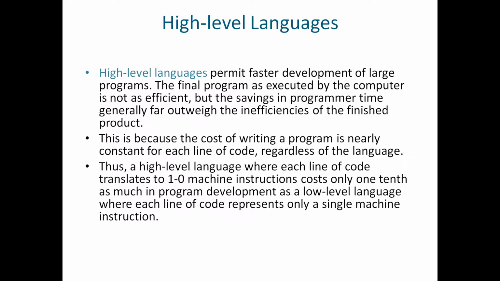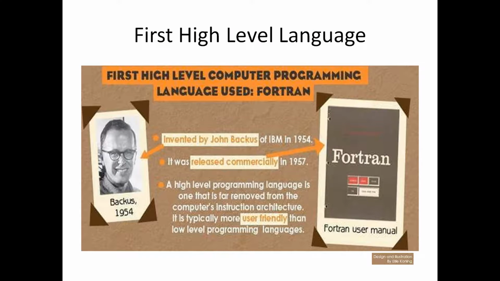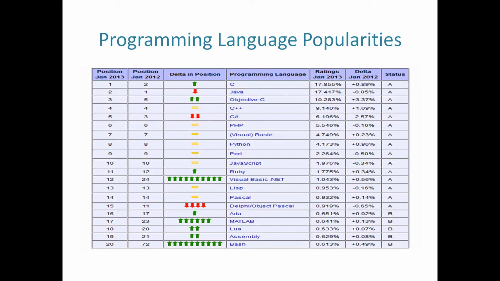So the conversion time is far outweighed, and we have to neglect that conversion time, and we users rely on the high level languages. The first high-level programming language was Fortran, invented by John Backus of IBM in 1954. In 1957 it was released. So this was the first high-level programming language.